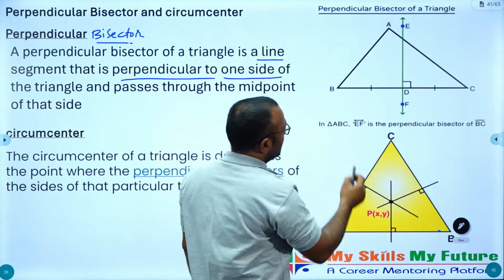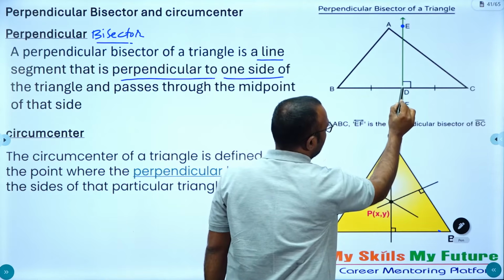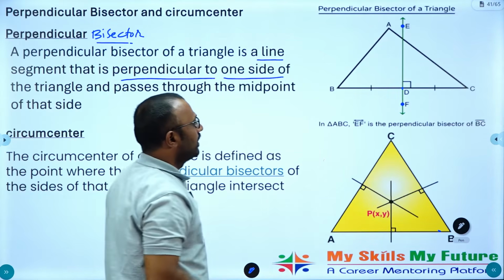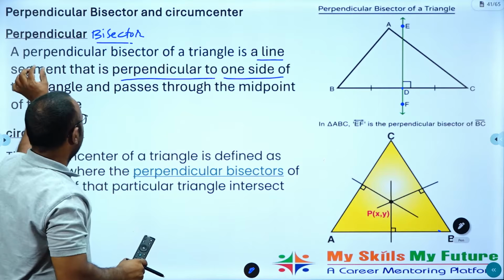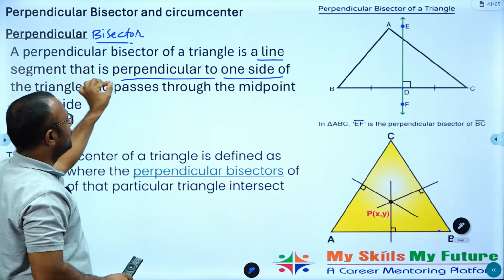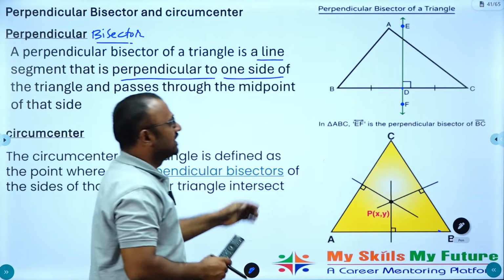This is the midpoint, and the line is perpendicular to the side. So this is known as the perpendicular bisector.